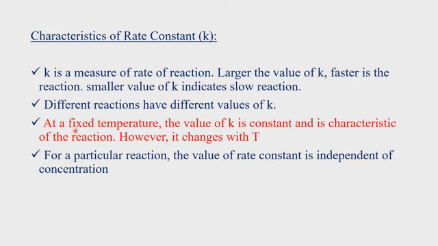For a particular reaction, the value of the rate constant k is independent of the concentration, because the rate constant will be affected by the temperature only. So all these are the characteristics of the rate constant. Just after the class, have a look.